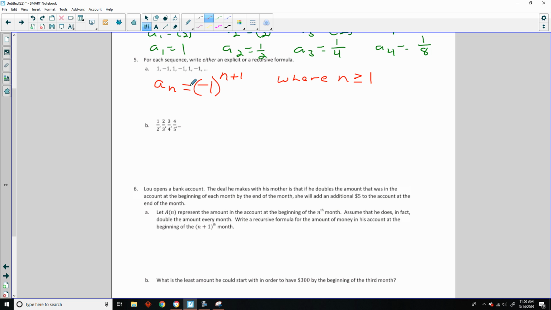So my first term would be 1. Let's check my fourth term, which was -1. a sub 4 equals -1 to the power of 4 plus 1, or 5. And when you take a negative to an odd power, it stays negative, so that gives me the negative. So the answer is a sub n equals -1 to the n plus 1, where n is greater than or equal to 1.